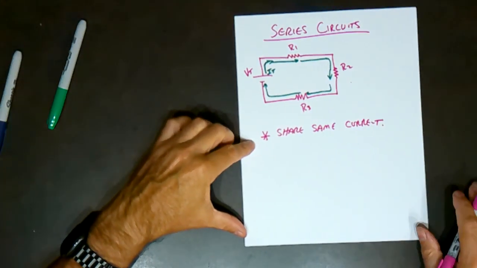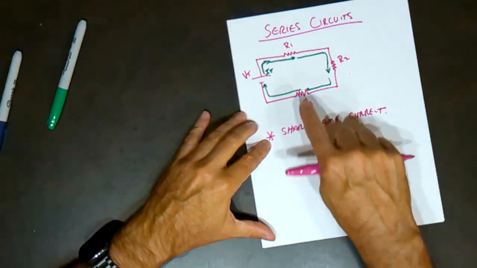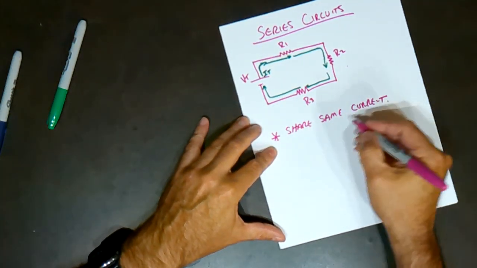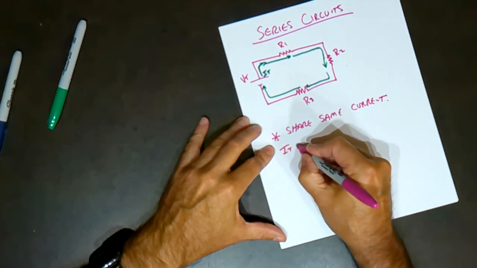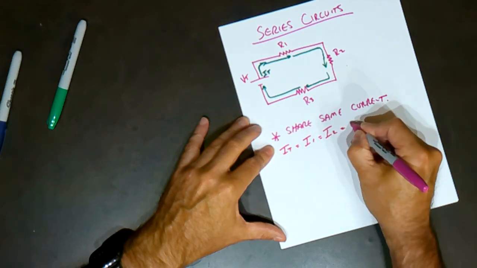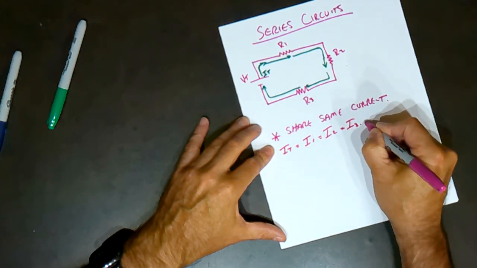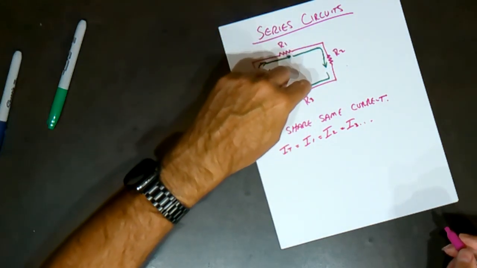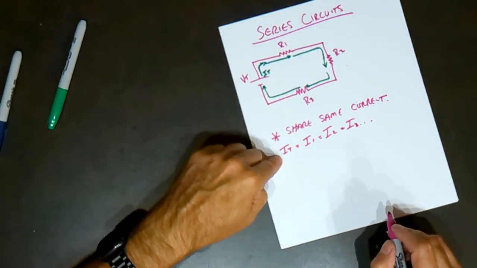We talked about a bunch of rules that we use for series circuits. Because everything shares the same current, I total is equal to I1, which is equal to I2, which is equal to I3, etc. So any current through any resistor is the same as the total.